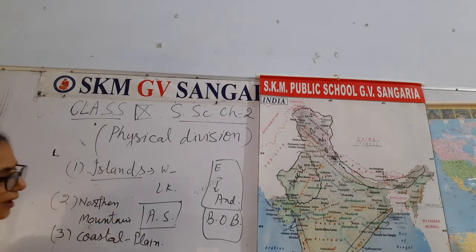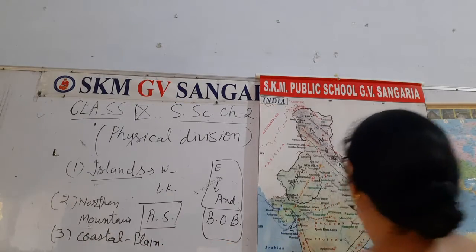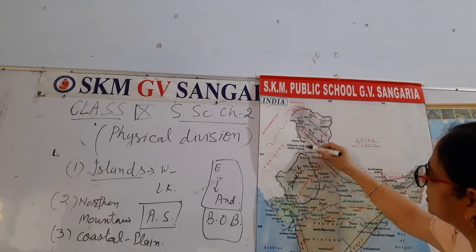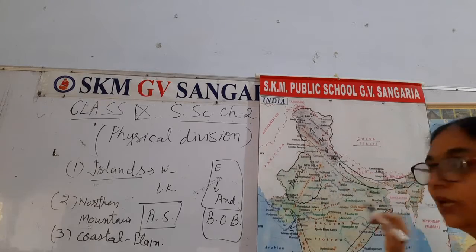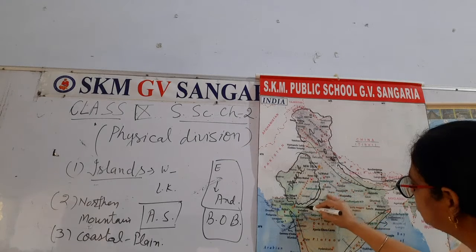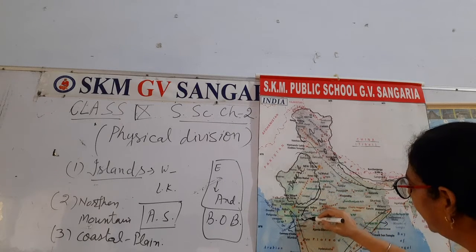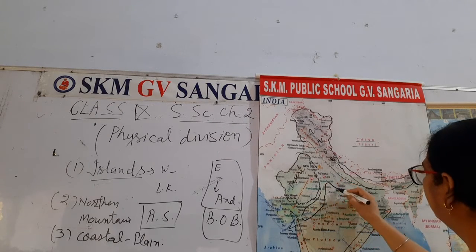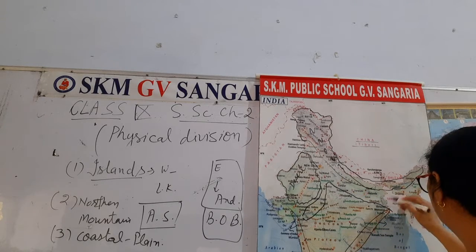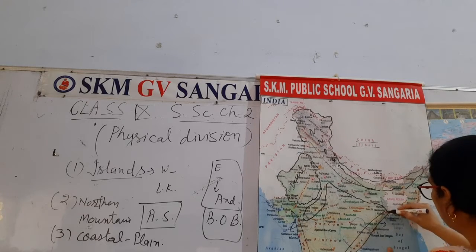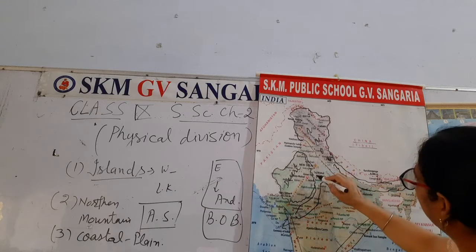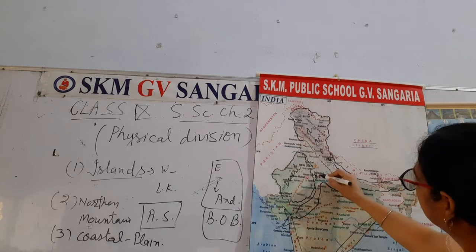Then we have left this one area from the northern mountain to between the desert, and it is somewhere here in Gujarat also, some part of this, and it is here, and in West Bengal, the Sundarban Delta, from where these are the northern plains.